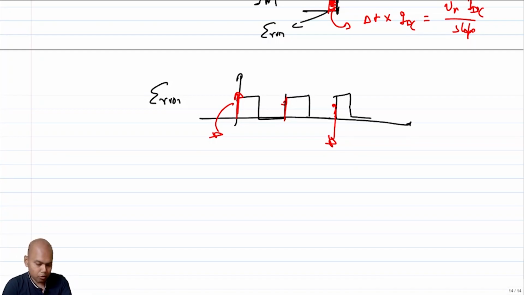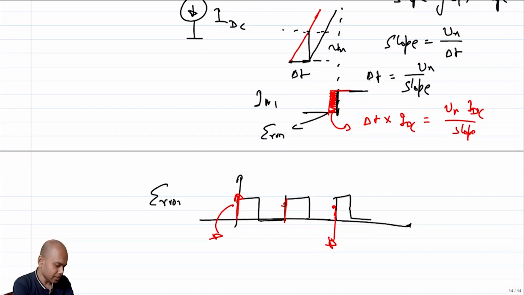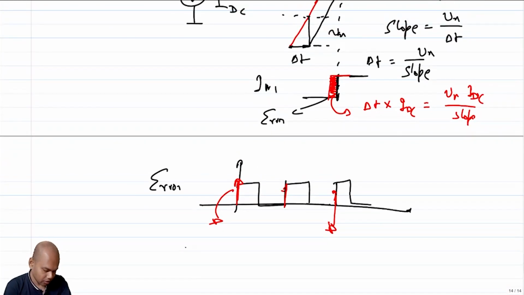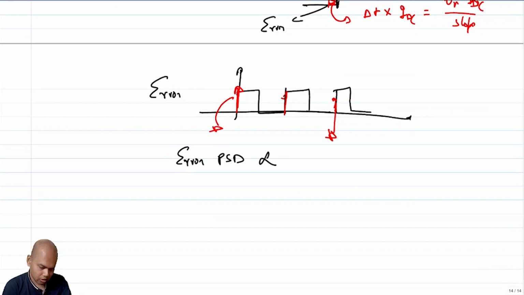Without doing too much math, I can say that the error PSD will be proportional to the spectrum of Vn, which is 1 over f.